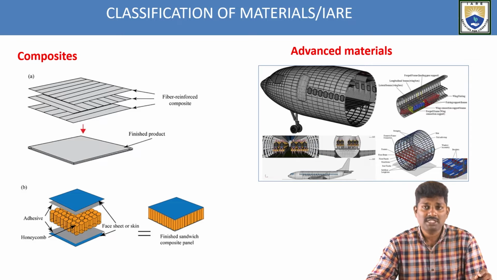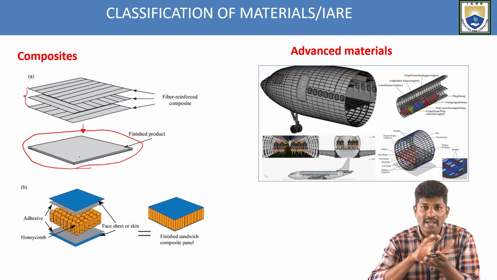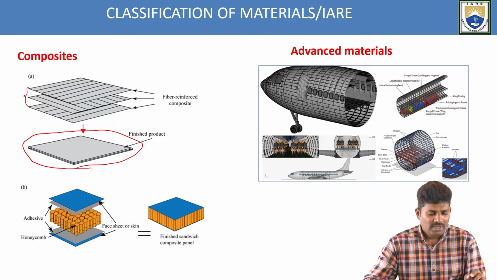If you see here, in a composite material you have different types of fiber reinforcement. All three are combined into a single finished product. We are trying to bind these three so they look like a single component. Each fiber component has different properties and compositions.